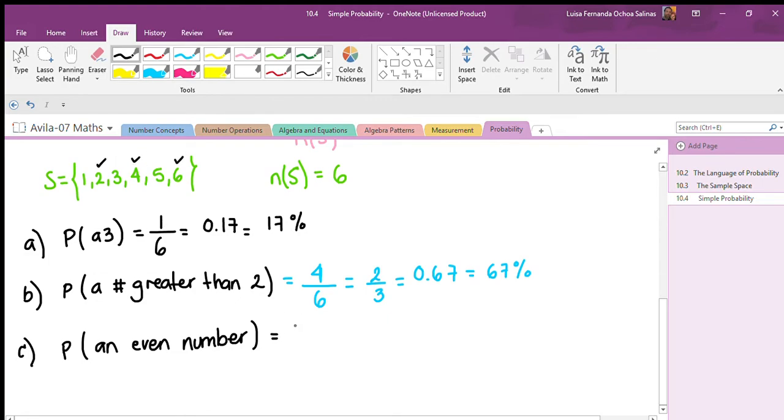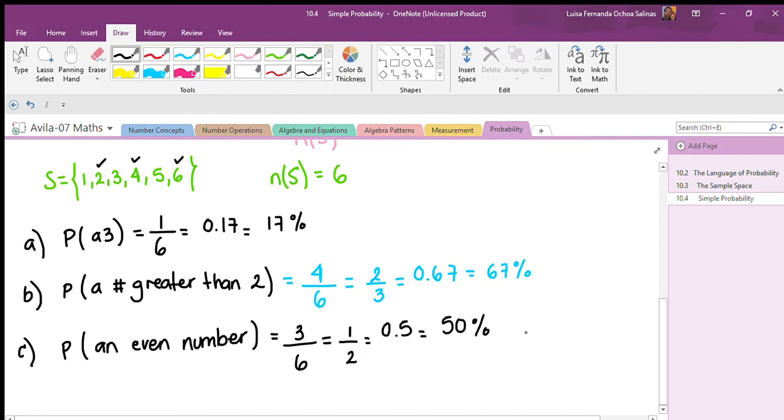So I have 3. What is the size of my sample space? 6. As you can see, the size of my sample space is always 6, because I'm always talking about this sample space. And 3 over 6 is the same as a half, which is equal to 5/10, which is equal to 50%.